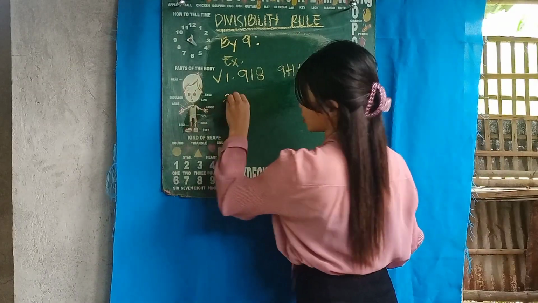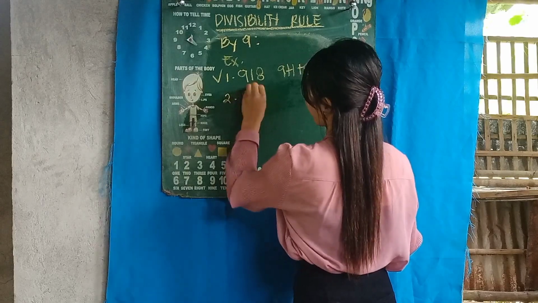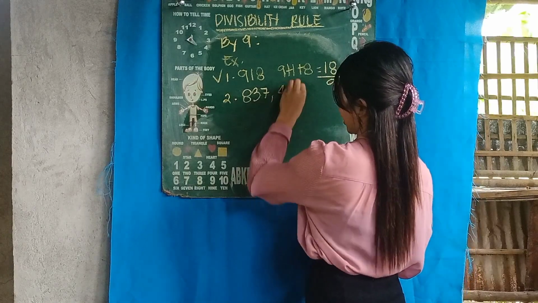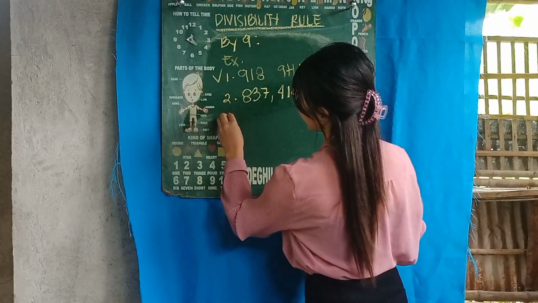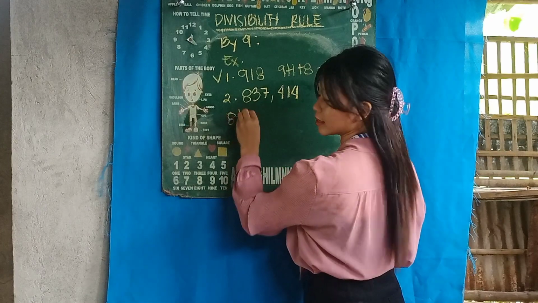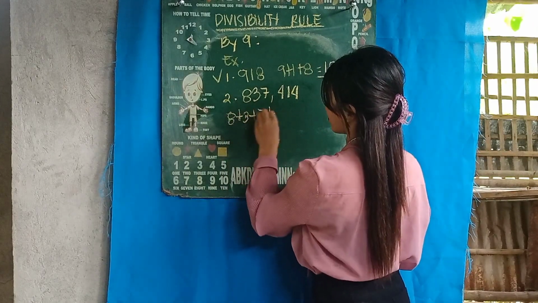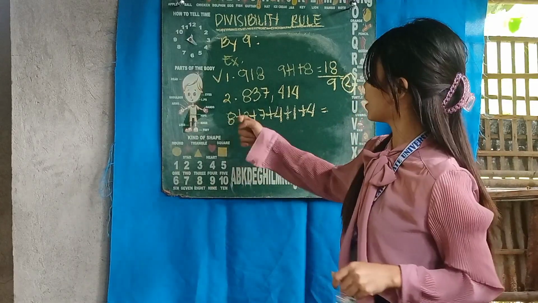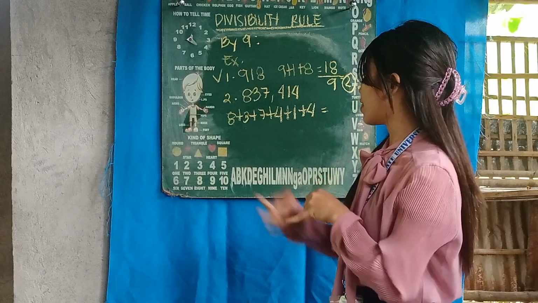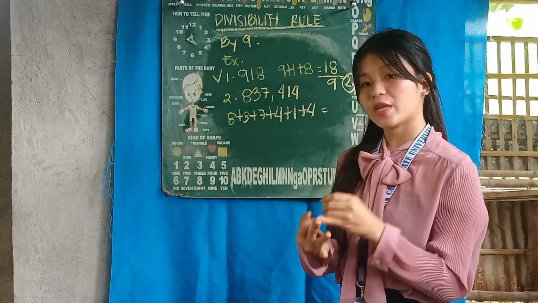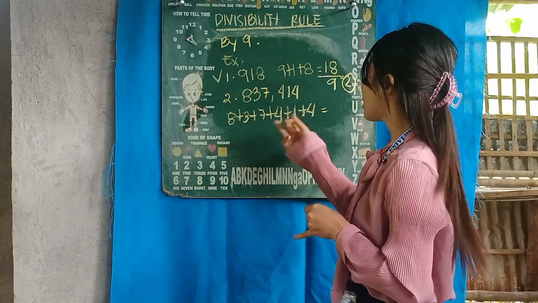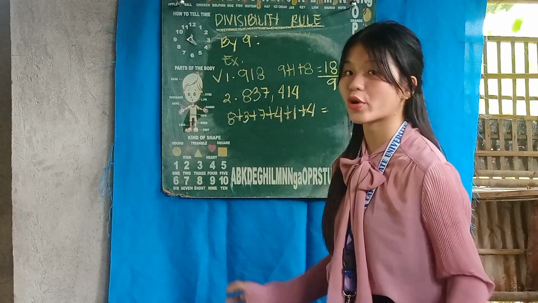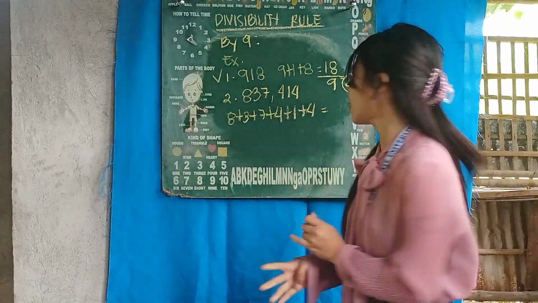Another example is 837,414. So we just add the digits, right? 8 plus 3 plus 7 plus 4 plus 1 plus 4 is equals to 8 plus 3, 8, 9, 10, 11 plus 7, 12, 13, 14, 15, 16, 17, 18 plus 4, 19, 20, 21, 22 plus 1, 23 plus 4, 24, 25, 26, 27.